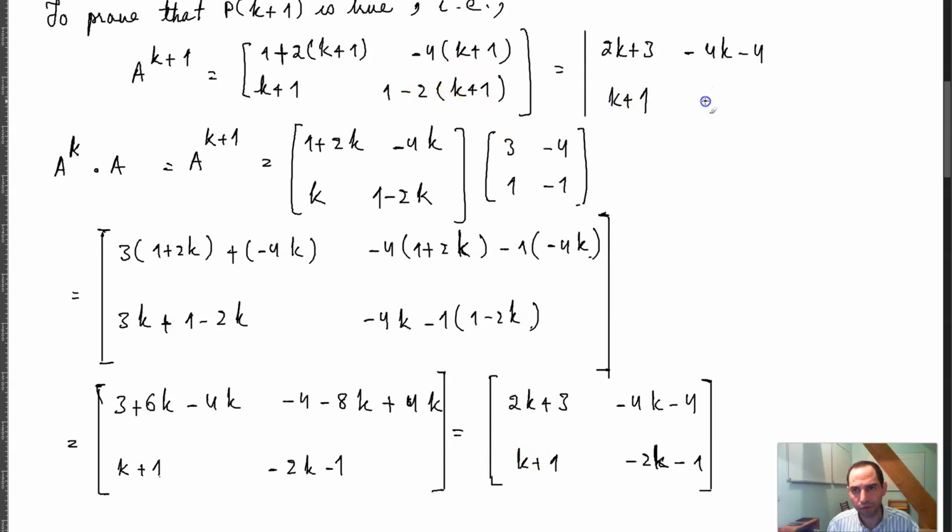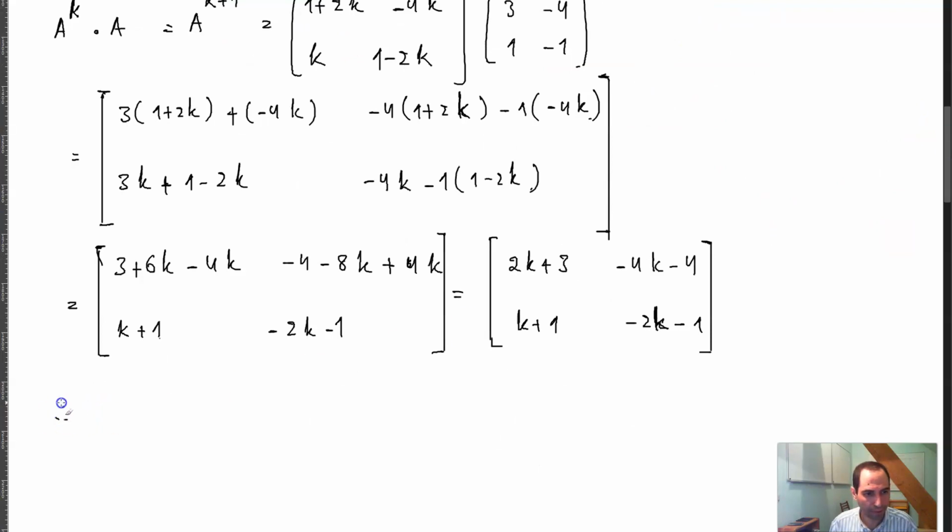And you have negative 2k minus 2 plus 1 is equal to negative 2k minus 1. Therefore, these are the same matrices. So A of k plus 1 is equal to this matrix, which means that P of k plus 1 is true.